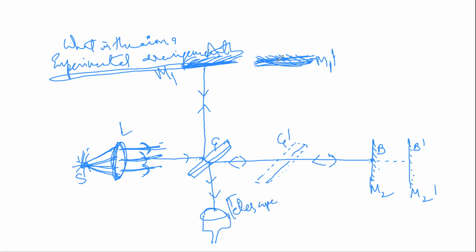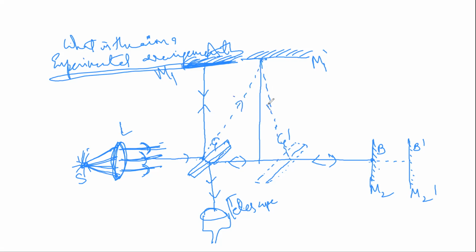Okay, now let me take this as point D. This point is A dash, similar to B dash here.